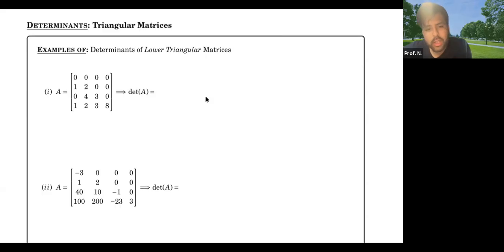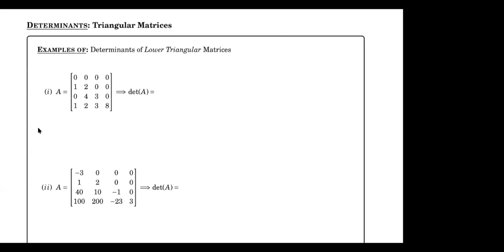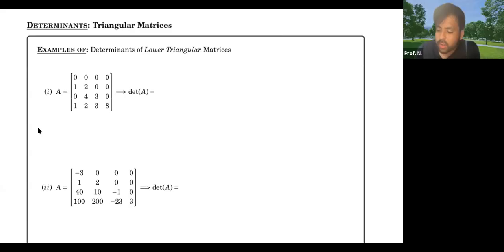So what do you think the determinant is for this one? Which row or column would be convenient to use to apply cofactor expansion upon? The first row, because you have all zeros.